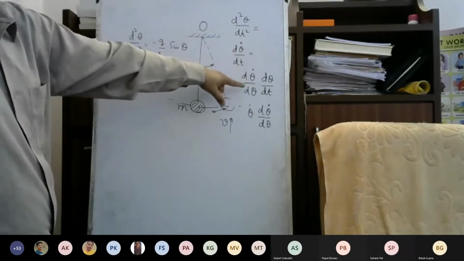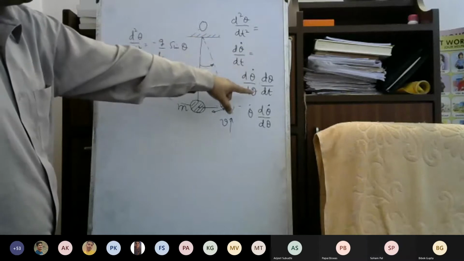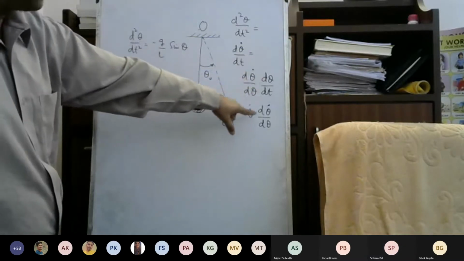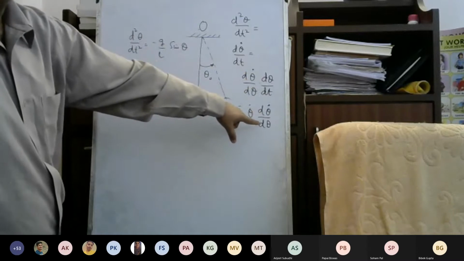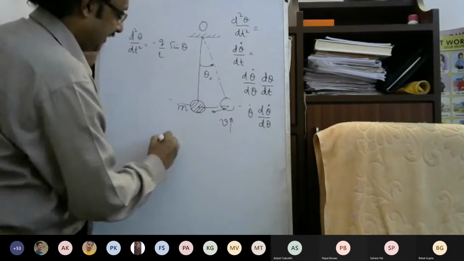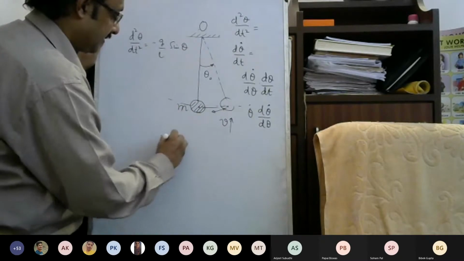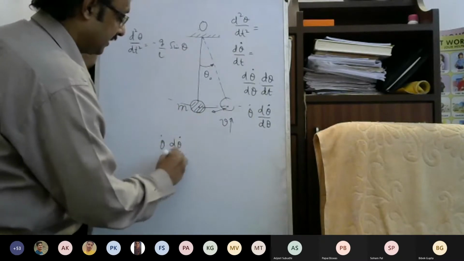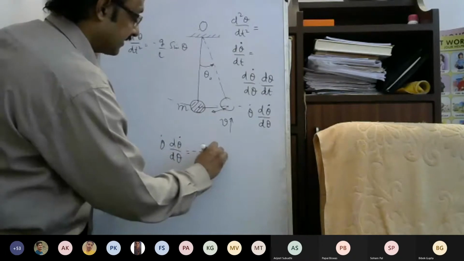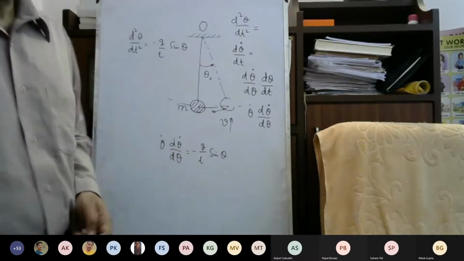So theta dot d theta dot d theta equals minus g by L sine theta.